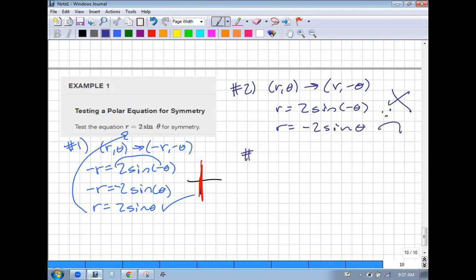And let's look at the last one. If we just replace the r with its negative, we would have negative r equals 2 sine theta. That's not the same as this because this doesn't have a minus, so we don't have symmetry about the origin.